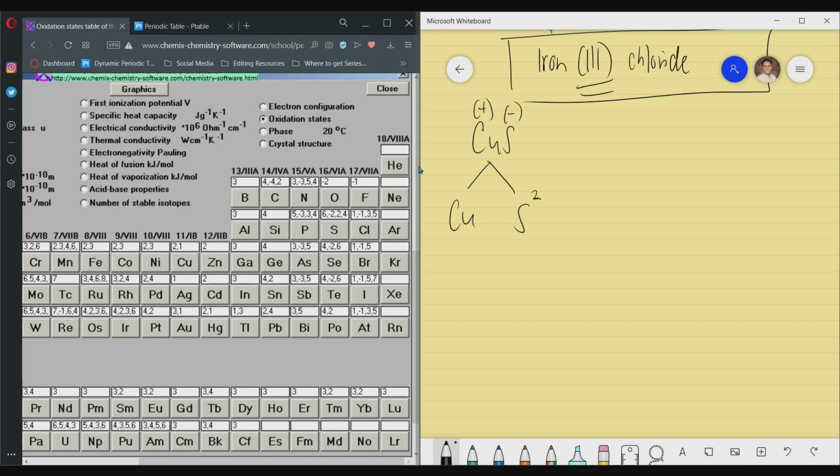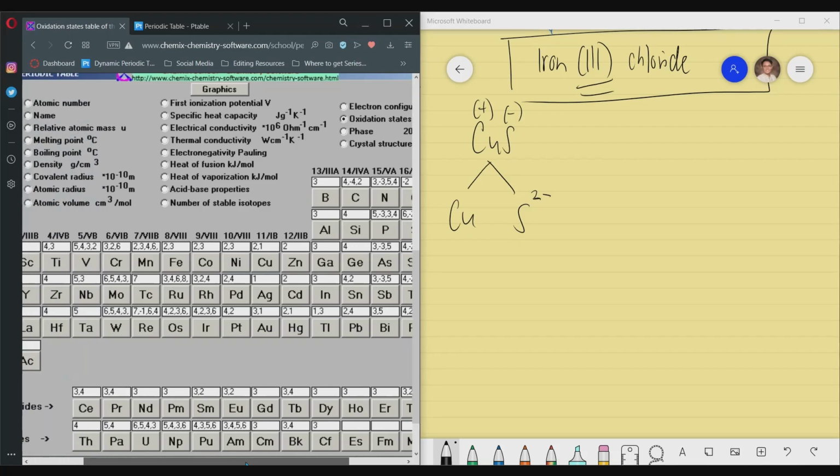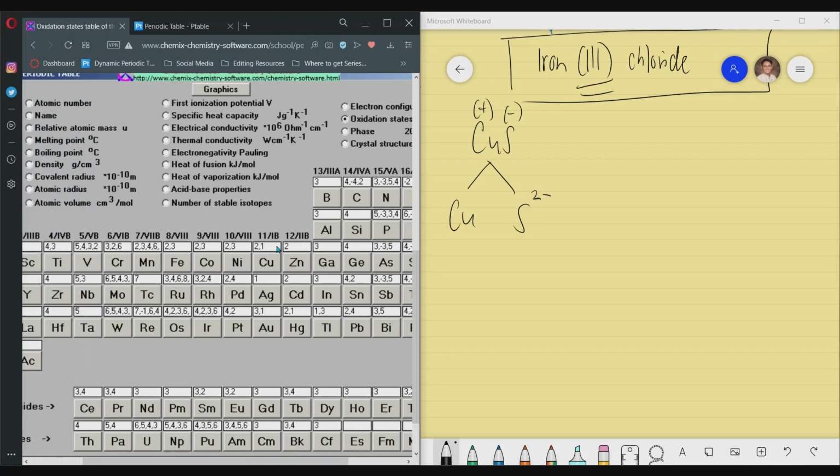Okay, negative 2. Ngayon, ano kayang charge ni copper na magpuproduce ng CuS kapag nag-criss-cross na tong dalawa? So look at copper. So 2 at 1 lang naman ang possible. Sa tingin ba natin 1? I don't think so. I think it's 2 plus. So try natin i-criss-cross. So right now you have Cu2S2.